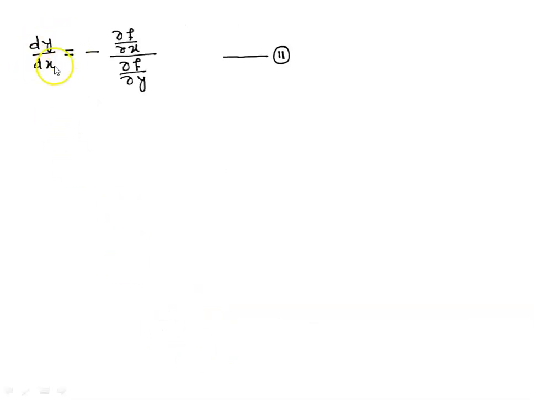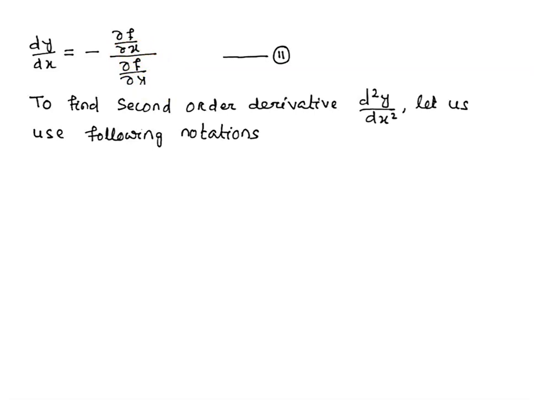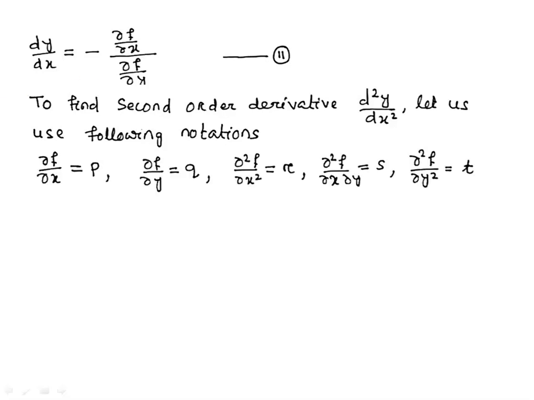So our dy by dx is equal to minus partial derivative of f with respect to x divided by partial derivative of f with respect to y. To find out the second order derivative d square y divided by dx square, let us use the following notations. The partial derivative of f with respect to x is denoted as p.